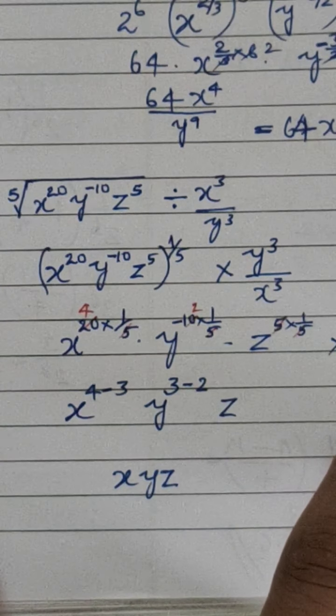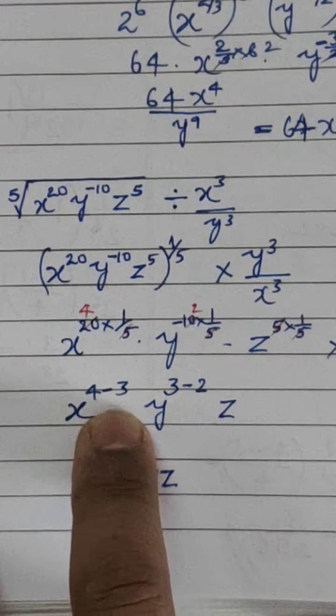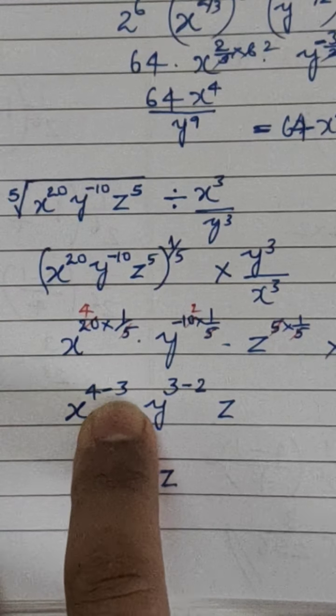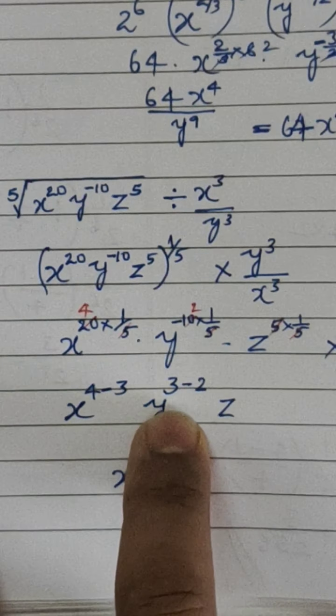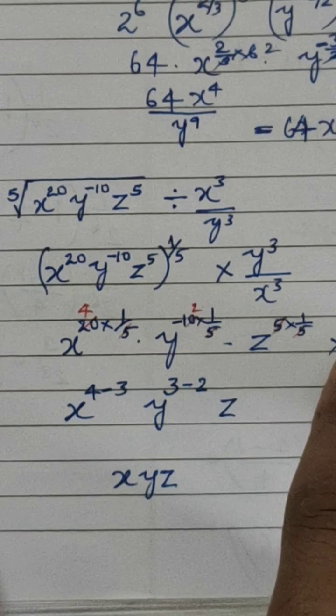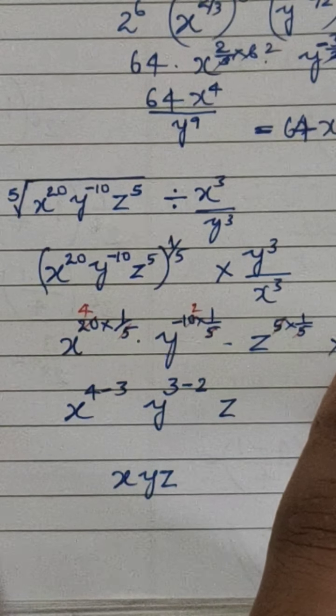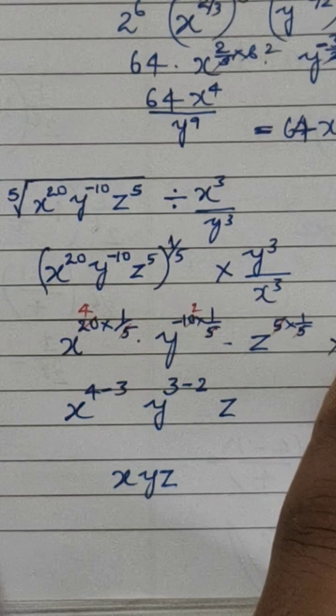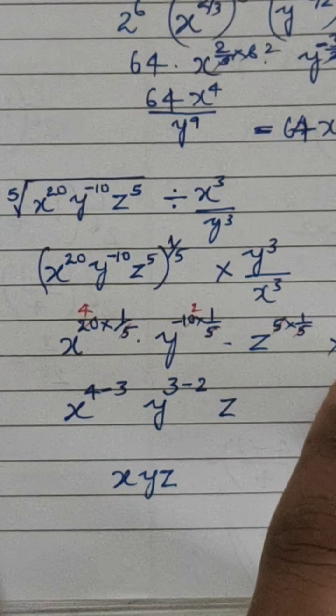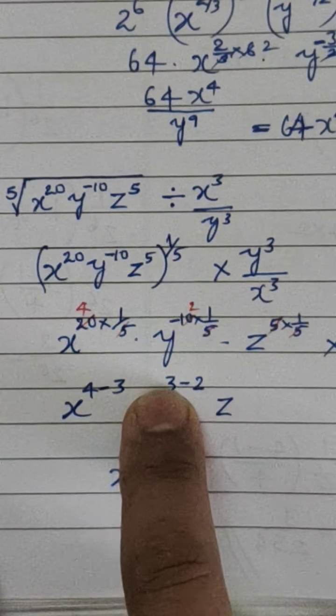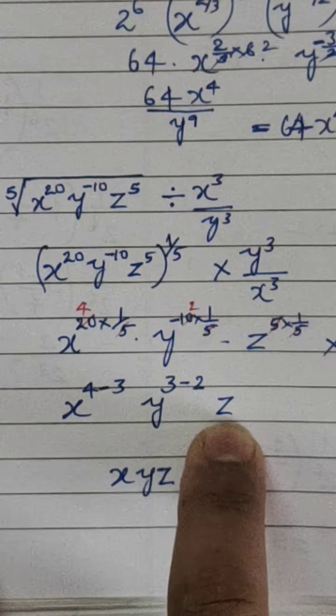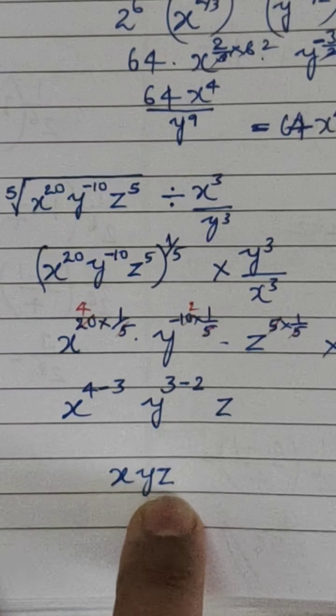There is x cube in the denominator, we are bringing it into the numerator. This is x to the power of 4 minus 3, y to the power of 3, here the y cube. So we are using the formula a to the power of m into a to the power of n is equal to a to the power of m plus n for this: y to the power of 3 minus 2 into z. That will become x, y, z.